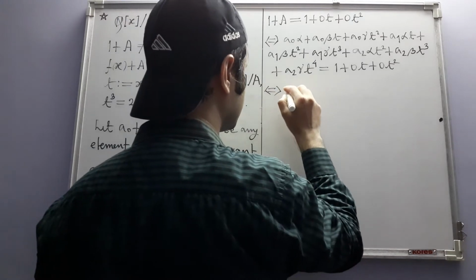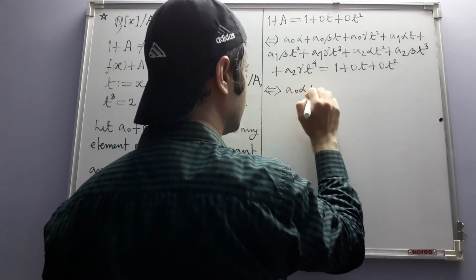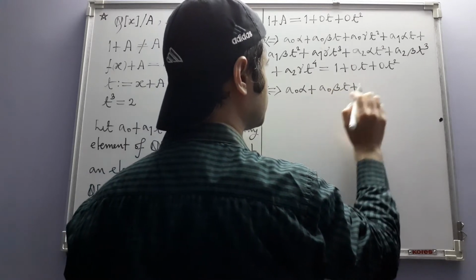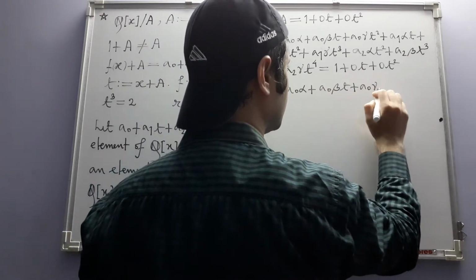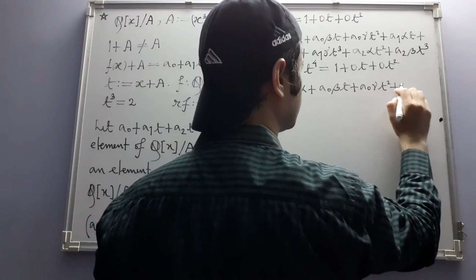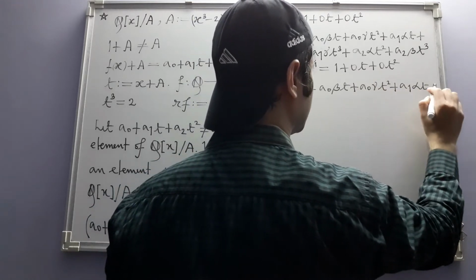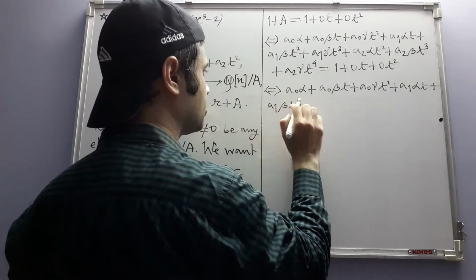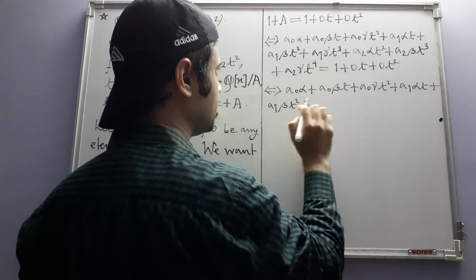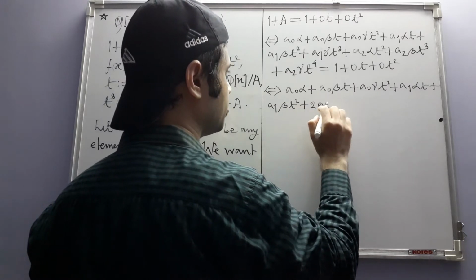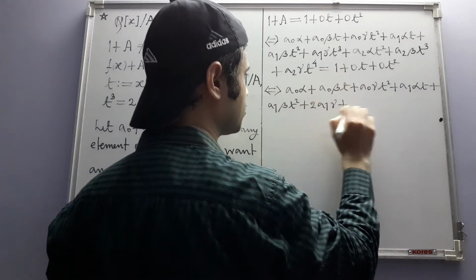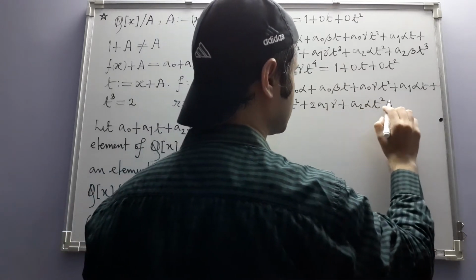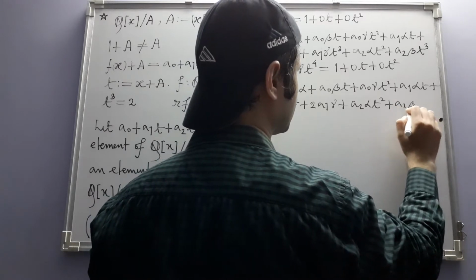Doing so gives us a naught alpha plus a naught beta t plus a naught gamma t square plus a1 alpha t plus a1 beta t square plus 2a1 gamma plus a2 alpha t square plus a2 beta.